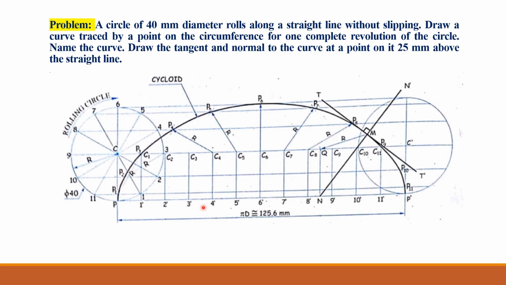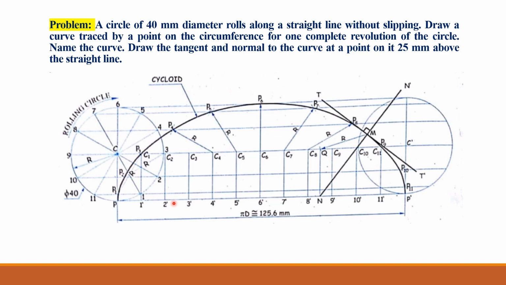Through each part on this horizontal line, draw a vertical line. So this vertical line intersects the line through the center of this rolling circle. The line through the center of this rolling circle is parallel to the horizontal line. So when the line drawn through point 1 dash, 2 dash, 3 dash, 4 dash, etc. intersects the line passing through the center, then we have to name the point of intersection of the line through 1 dash and the line through center as C1.